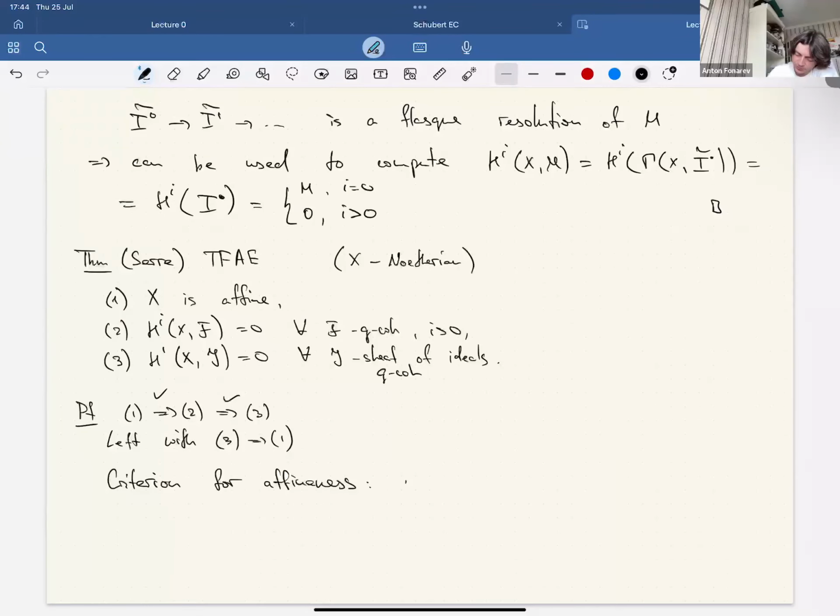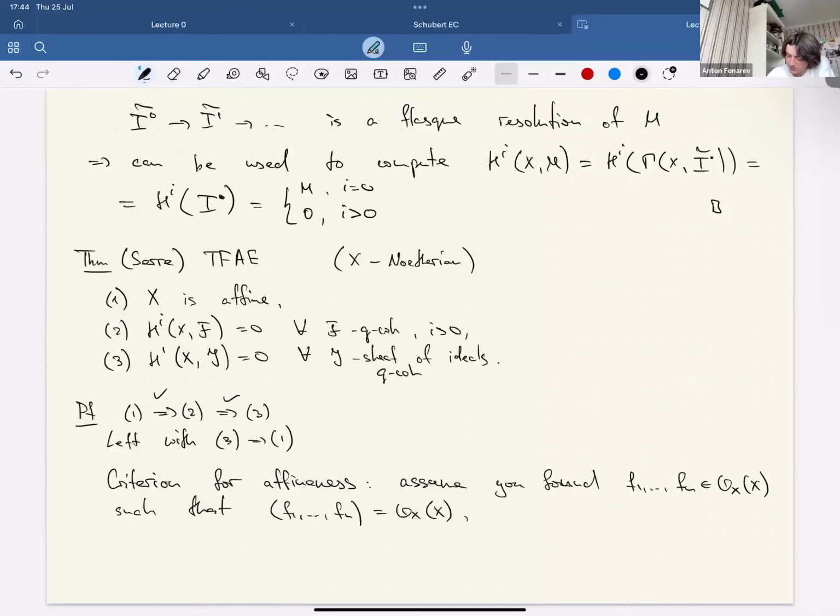So assume you found global functions f1, ..., fn such that, first, f1, ..., fn generate the whole ring of global functions.